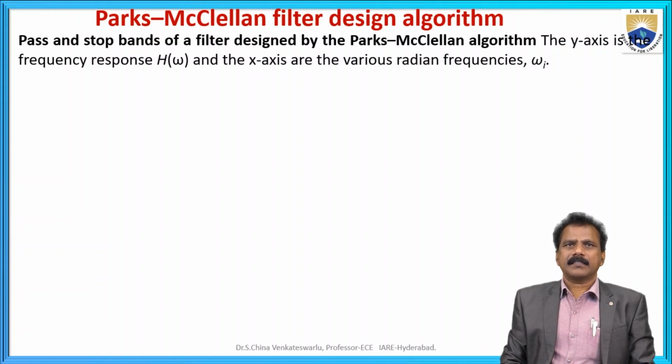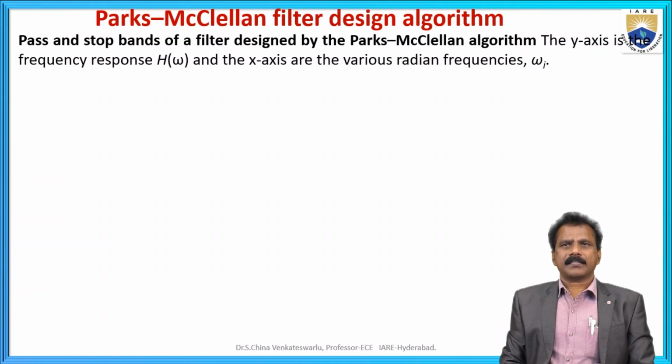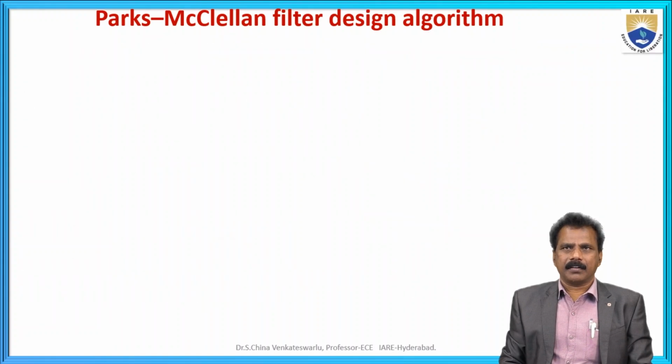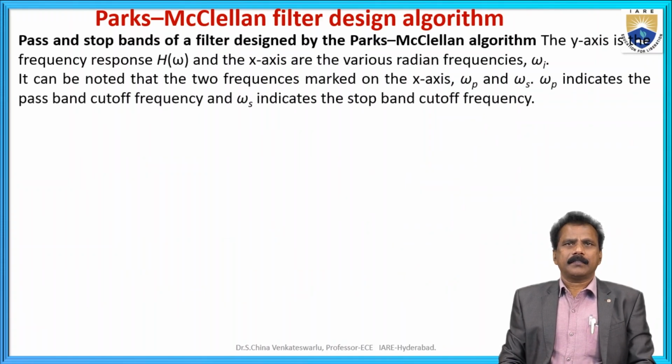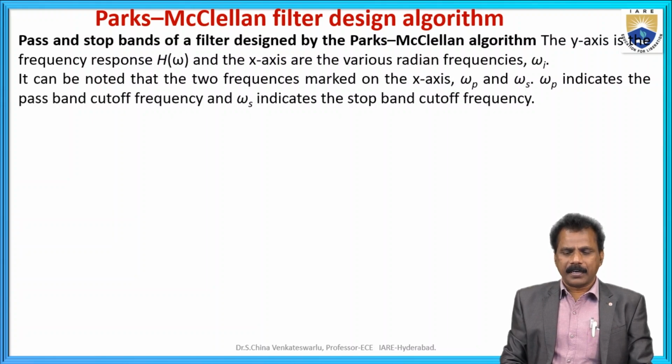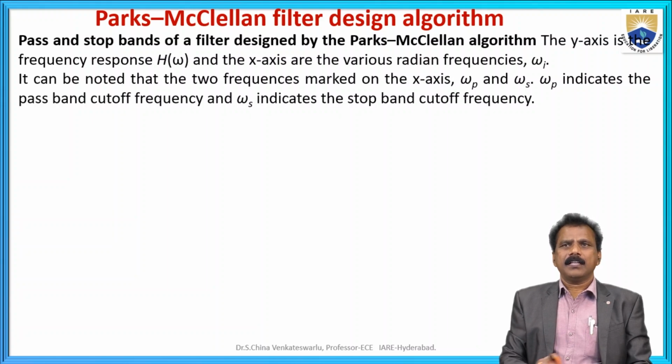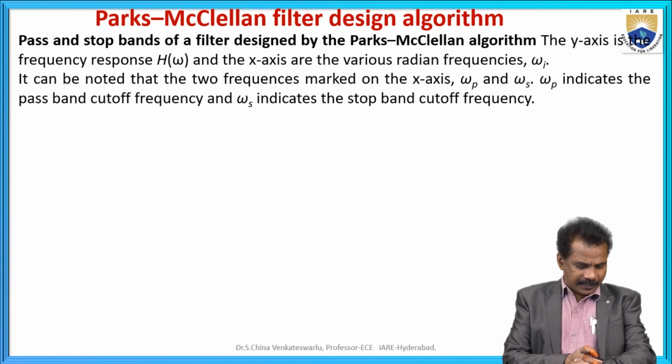The y-axis is the frequency response H of omega, and the x-axis is the various radian frequencies omega i. It can be noted that the two frequencies marked on the x-axis are omega p, which indicates the passband cutoff frequency, and omega s, which indicates the stop band cutoff frequency.